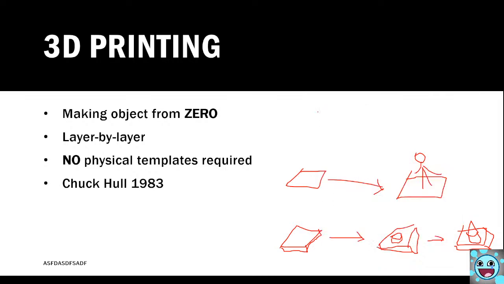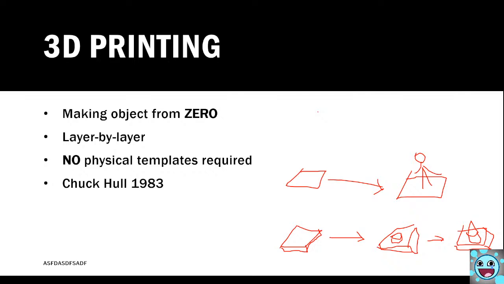Layer by layer, the layers are very thin. In a conventional 3D printer, it would be about 0.2 millimeters, yeah, 0.2 millimeters each layer.